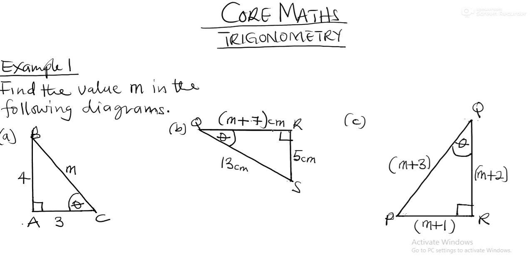Applying the Pythagoras theorem on diagram B, you should be able to simplify and find the value of m. We get m by squaring the hypotenuse and equating it to the square of the opposite plus the square of the adjacent. We simplify and then we'll get our answer. Right, so let's look at the presentation for the solution.